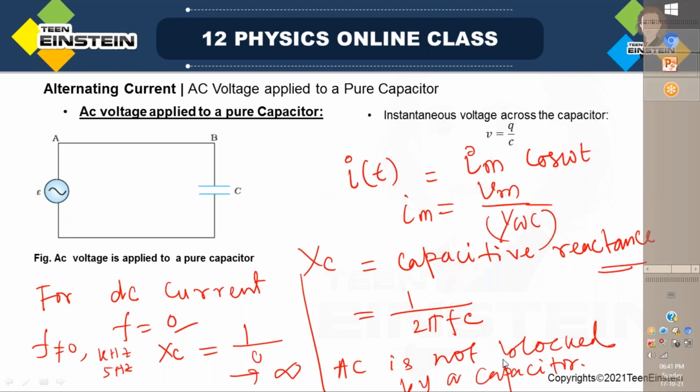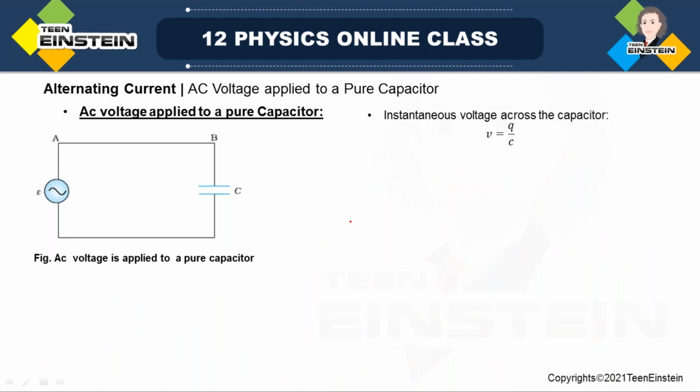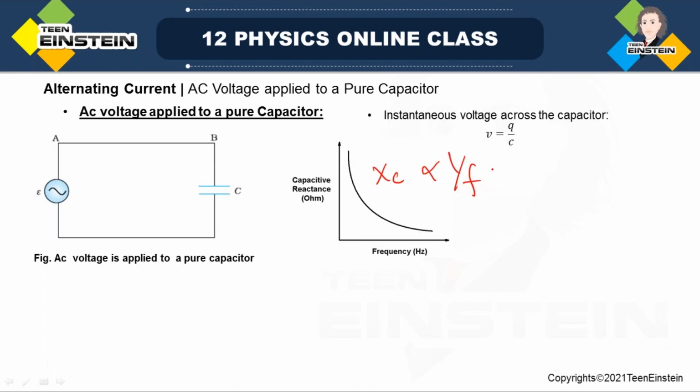I hope you have understood why DC is blocked by a capacitor and why AC is not blocked. Now I'll show you the variation of this capacitive reactance with the frequency. As you can see, this is Xc, which is inversely proportional to the frequency. So the capacitive reactance Xc and this is frequency, it looks like this, a hyperbola.